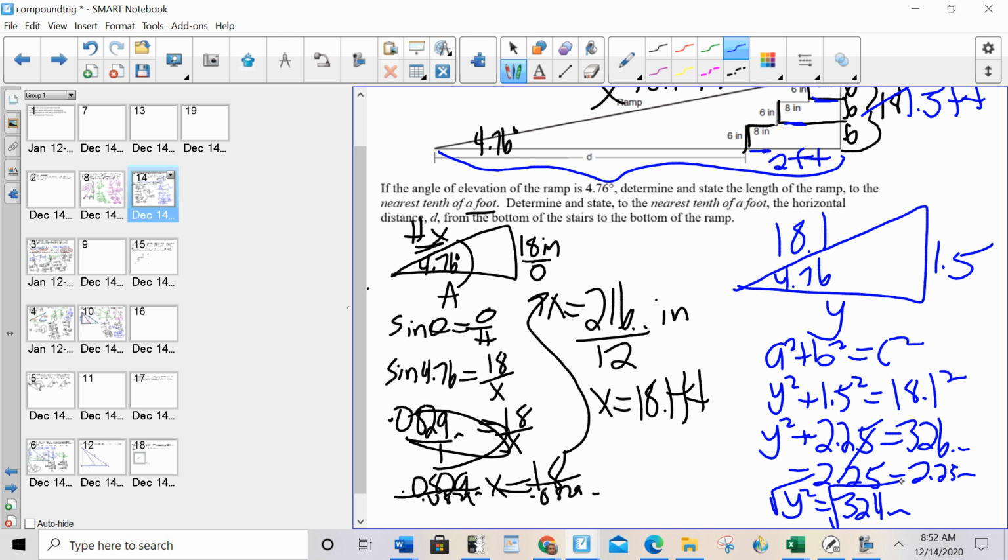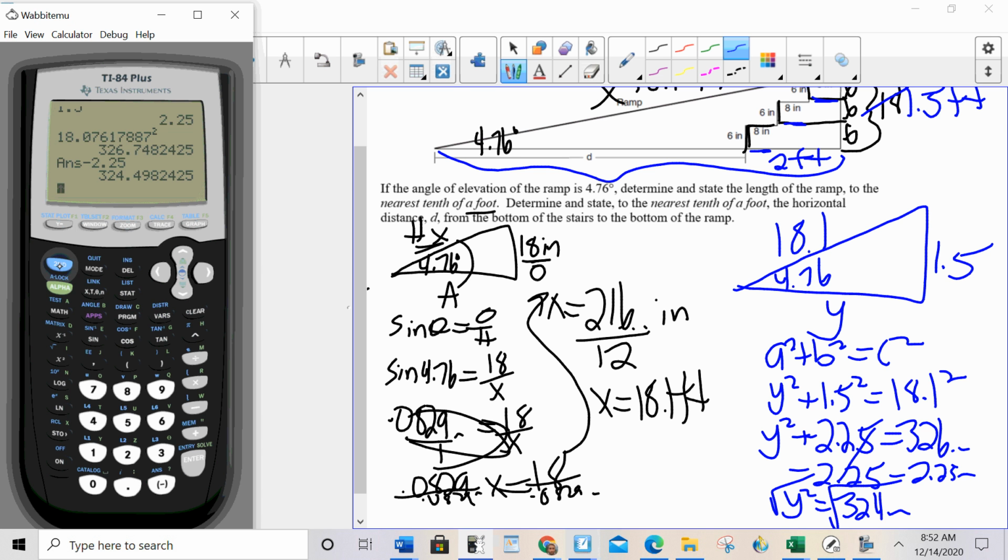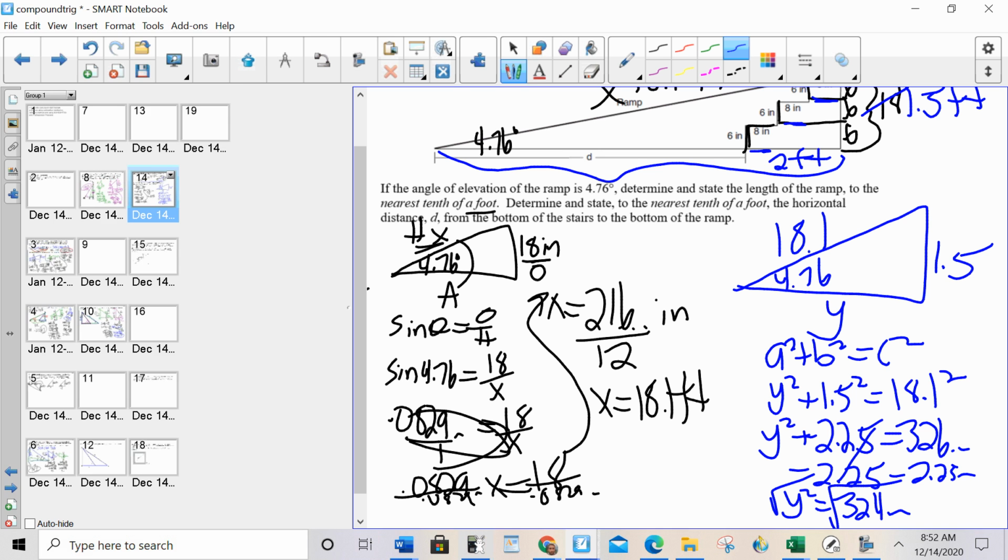Square root of both sides. Second radical, copy and paste that. To the nearest tenth of a foot, that is 18.0. And that's your answer. All right, so it's definitely a long question, but it's 2 steps.